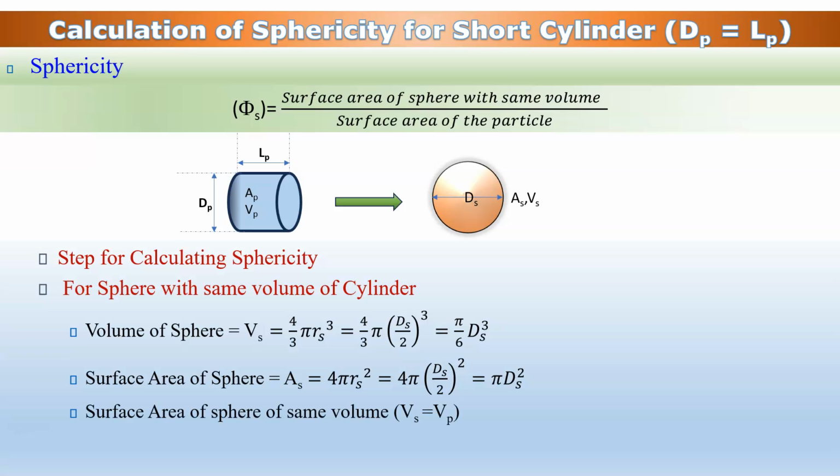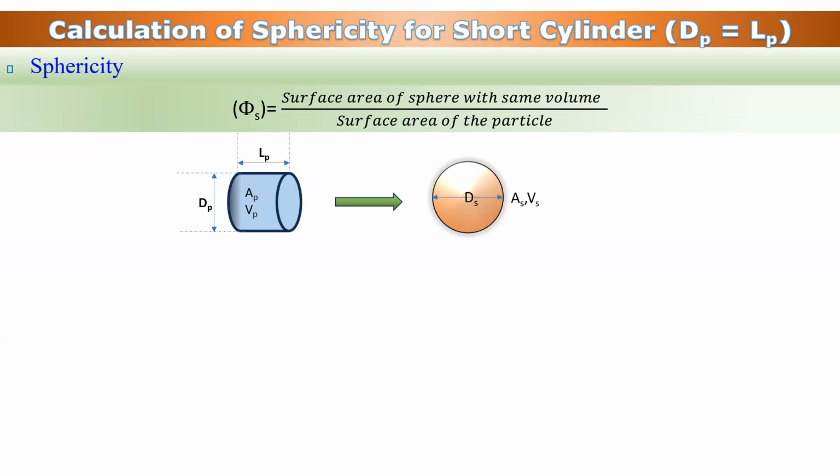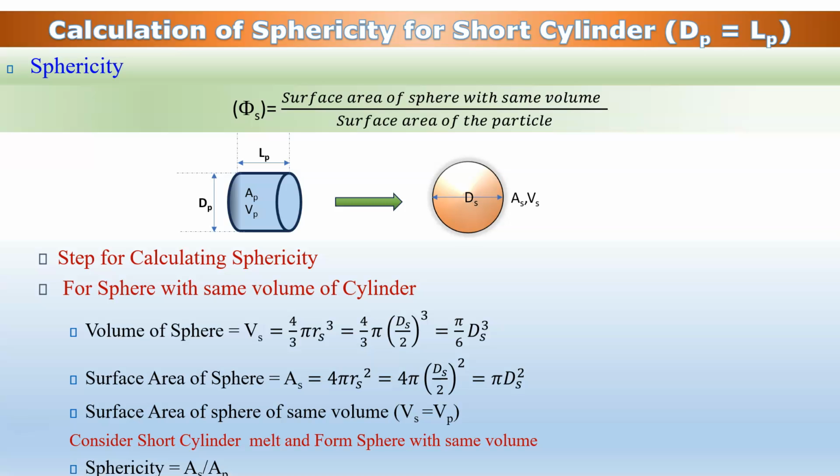Now we know the surface area of the sphere of the same volume, Vs equal to Vp, so we can make one relationship. Here we are taking the short cylinder. Suppose the short cylinder melts and forms a sphere with the same volume. Now we can easily calculate the diameter of the sphere, and from that we can calculate sphericity.